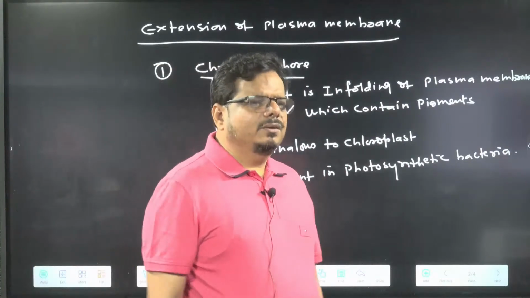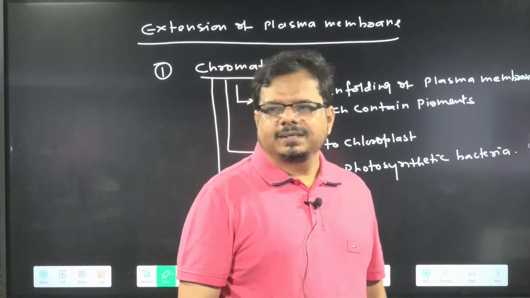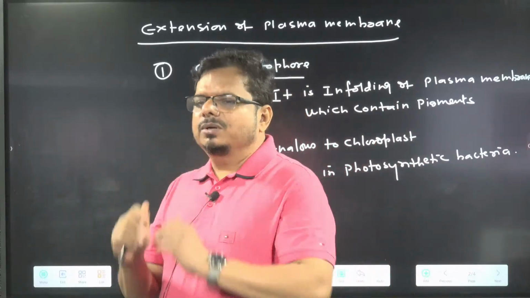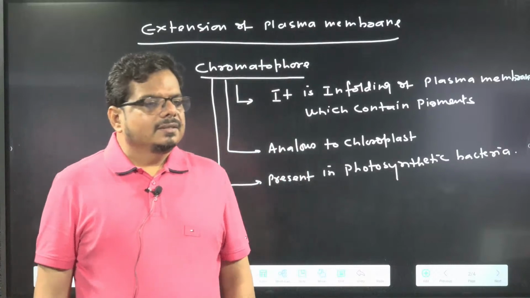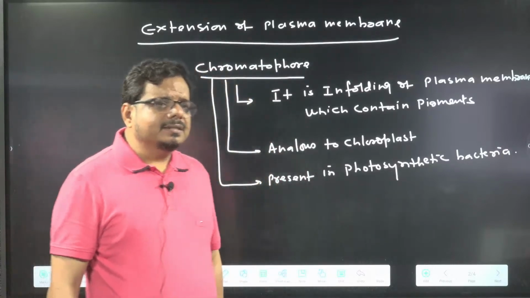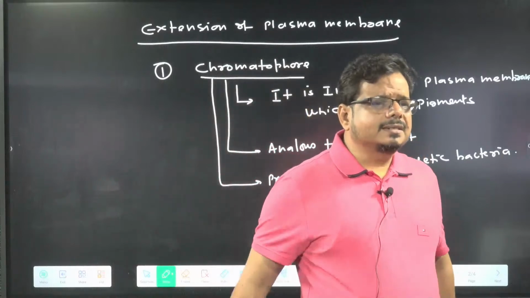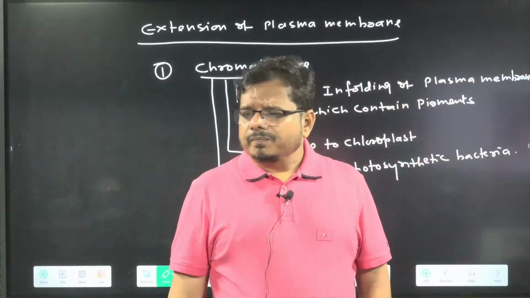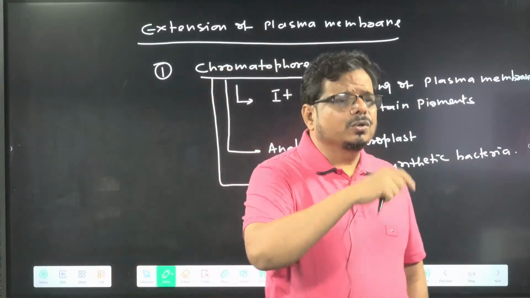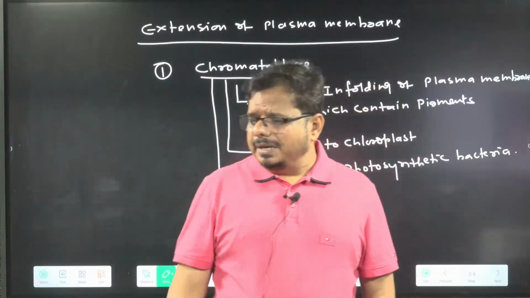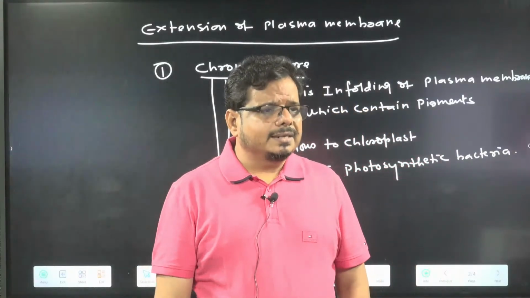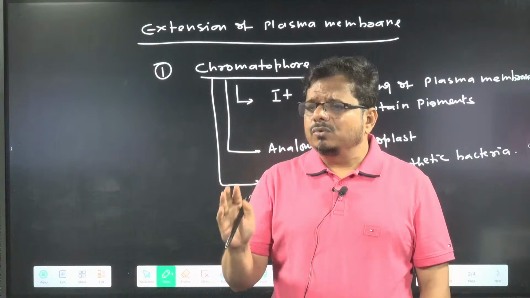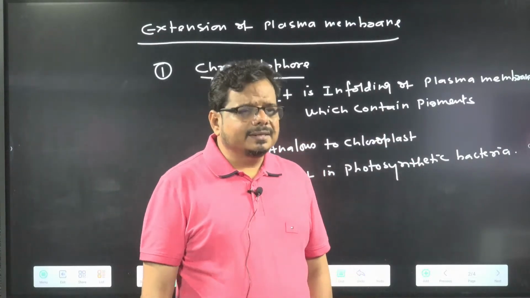In a prokaryotic cell, what is not present? Chloroplast is not present, and you know photosynthesis occurs in the chloroplast, and in prokaryotes the chloroplast is missing. So whenever a prokaryotic cell does photosynthesis, something must be there in it that works like the chloroplast. Is the idea clear?